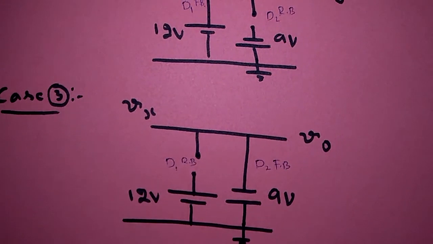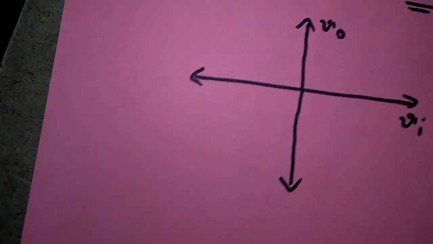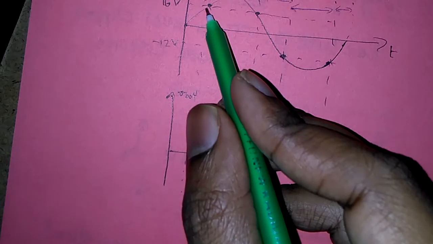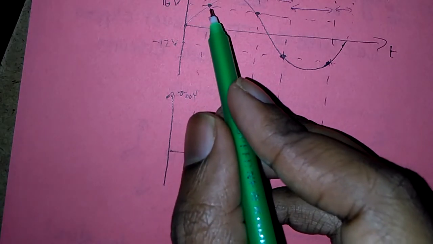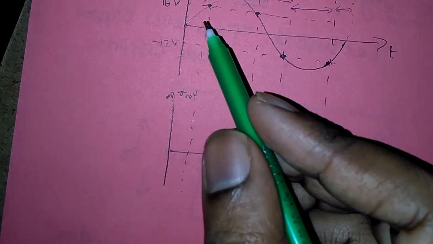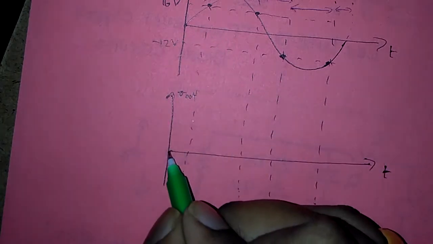So if we plot the same thing in a graph, we can plot the graph like this. From this point to this point, diode D1 and D2 both will be in reverse bias, open circuit, so output will be equal to Vx. So we can plot the graph like this.